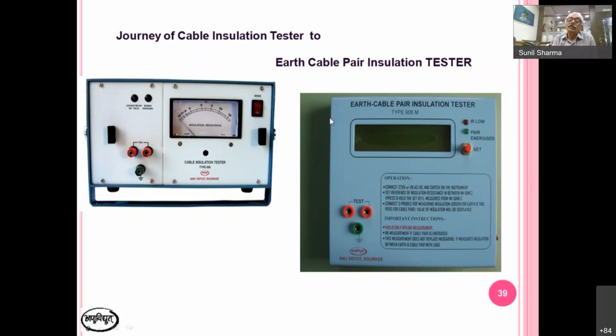Because if insulation is down for any pair or any cable, it goes down further if you keep measuring it. But with this, it does not. Here voltage and current are restricted and remain in a safe condition, so IDSO allowed it.